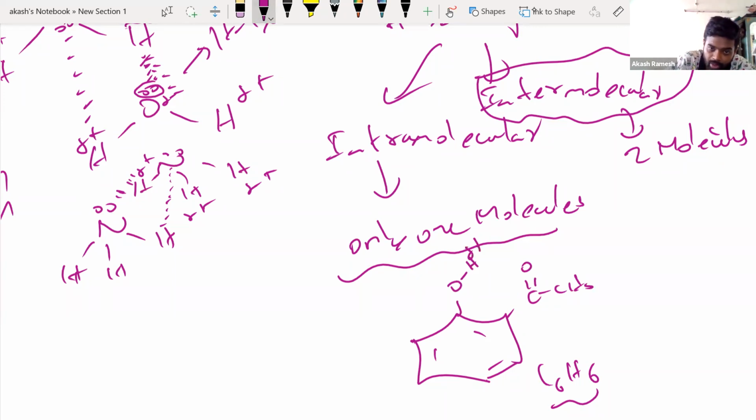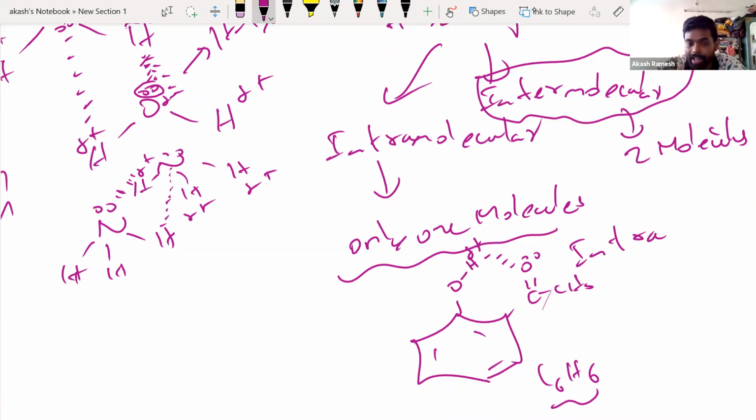Now this hydrogen will have a del positive. Now this oxygen will have a lone pair. Now I don't need another molecule. I can have an interaction within the same molecule itself. I do not need another one. Now this is what is called intramolecular hydrogen bonding.